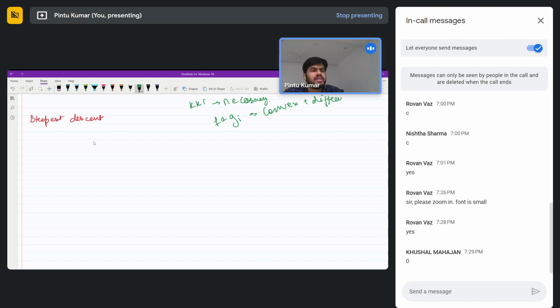Okay, differentiability is fine to some extent, but this condition that all f and gi's should be convex is a very strict condition. So in real life, you will get many situations where this is not true.